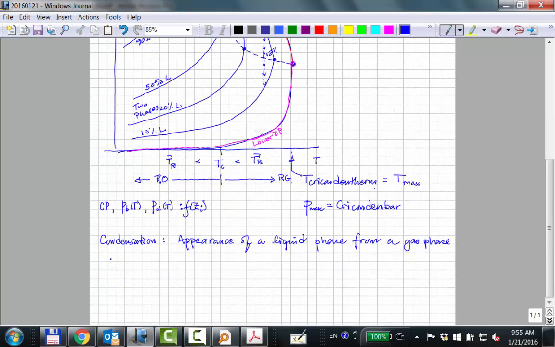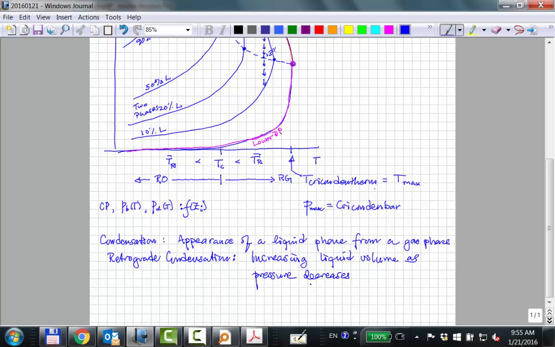So we're going to call retrograde condensation where you get increasing liquid, I'm just going to say volume or amount, as pressure decreases.